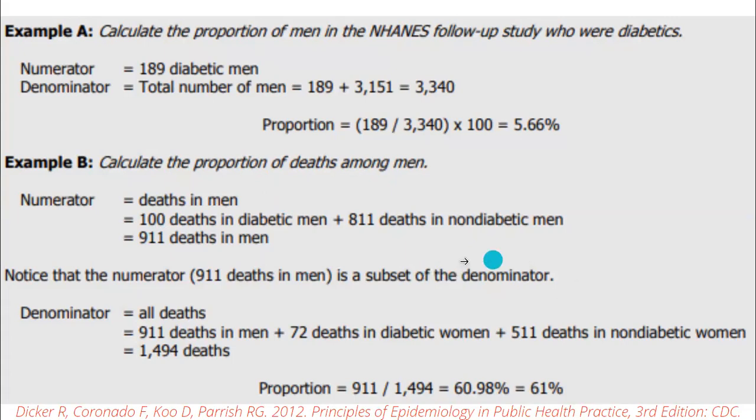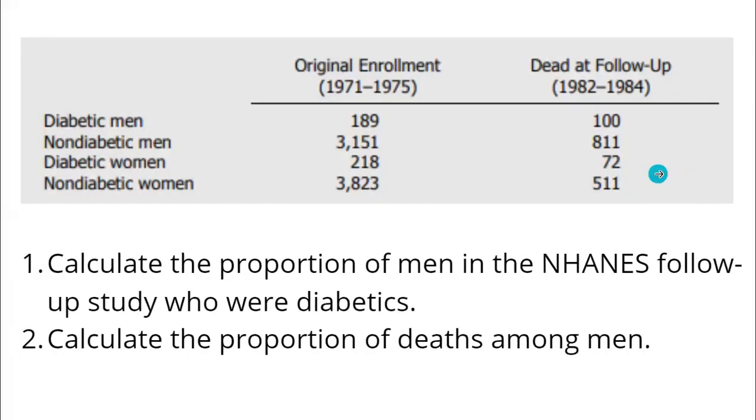Now our problem would be, how do we identify that particular whole of the population? Simple. We just need to calculate the total number of deaths on follow-up. In this case, we need to include the number of deaths in diabetic women, represented by 72, and the number of deaths in non-diabetic women, represented by 511. If you add up all of these values, you get the total number of people who died on follow-up.